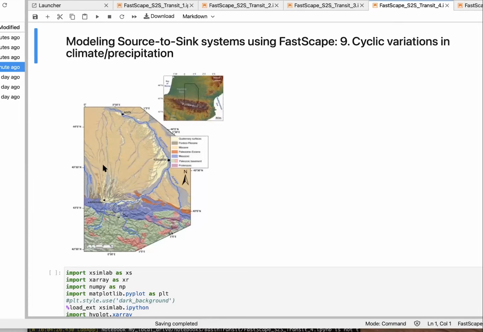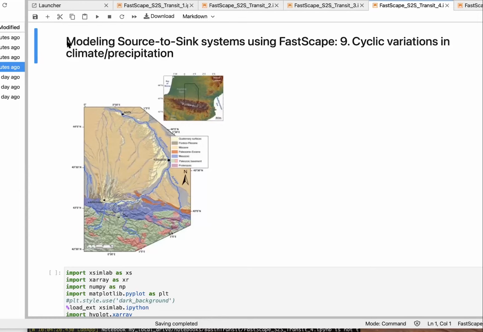So can I do this? I think it's going to run. It's not starting. Here it is.